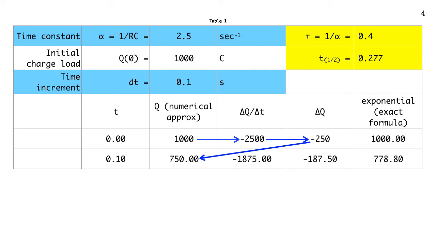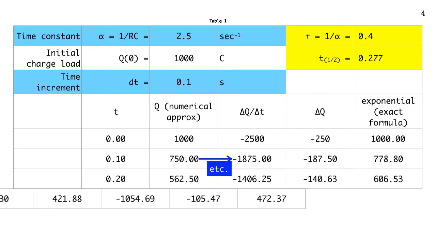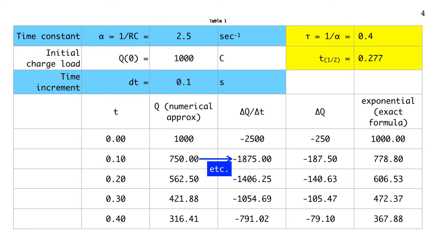Once you get the second row, you just do the same thing: calculate delta Q over delta T again, and then just keep going. Now, this display on YouTube only goes down to 0.40, but the actual spreadsheet goes a little bit further, down to 2 point something. And you'll see that in the graphs.